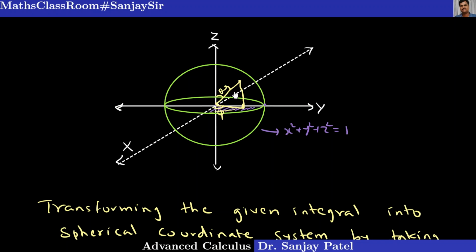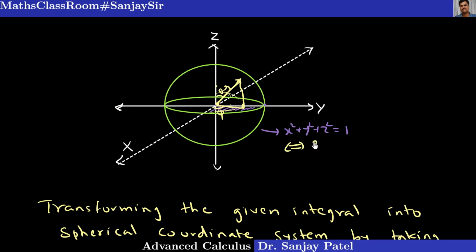Phi varies from x-axis to y-axis in the first quadrant, and theta varies from the z-axis to the xy plane, so it varies from 0 to pi by 2 again, while r varies from 0 to the sphere. The equation of this surface in the spherical system is r is equal to 1.